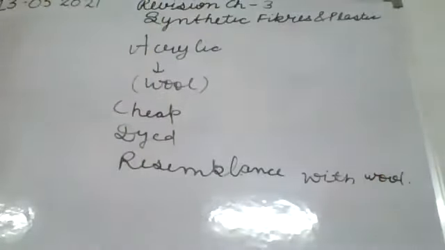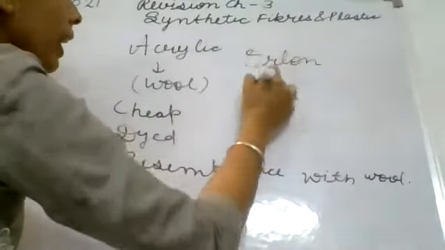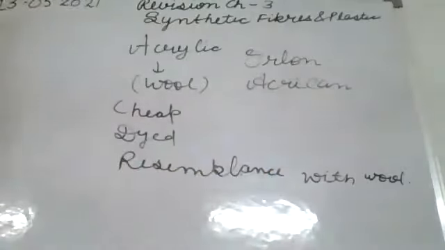And it is used for making so many types of sweaters, socks, shawls, sportswear and carpets. And it is also known as Orlon or acrylon. These are the two other names of acrylic. Yes, so it is a type of wool, but it is synthetically prepared.